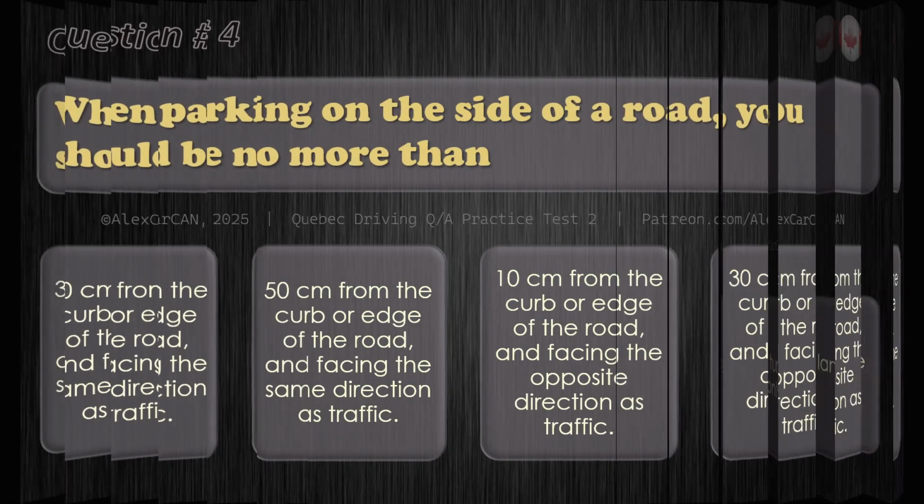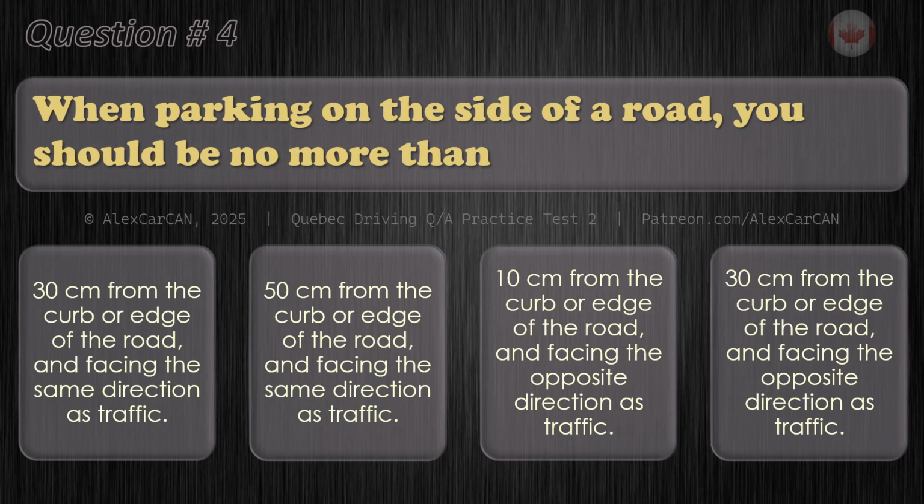Question number 4. When parking on the side of the road, you should be no more than 30 centimeters from the curb or edge of the road, and facing the same direction as traffic. 50 centimeters from the curb or edge of the road, and facing the same direction as traffic. 10 centimeters from the curb or edge of the road, and facing the opposite direction as traffic. 30 centimeters from the curb or edge of the road, and facing the opposite direction as traffic.